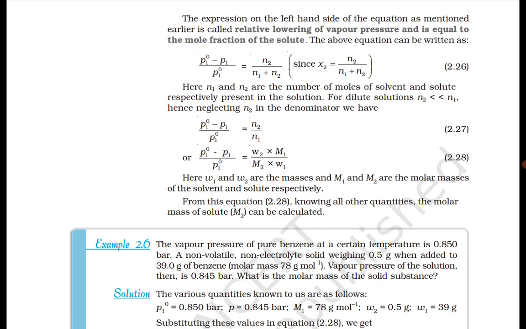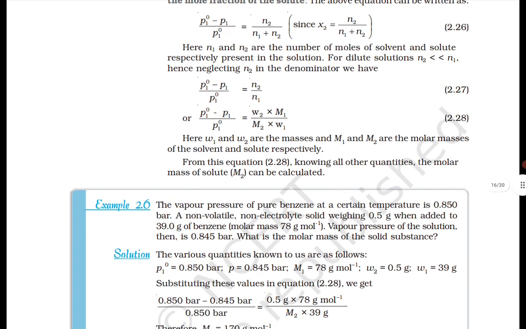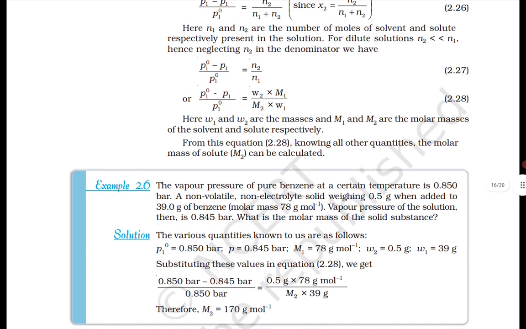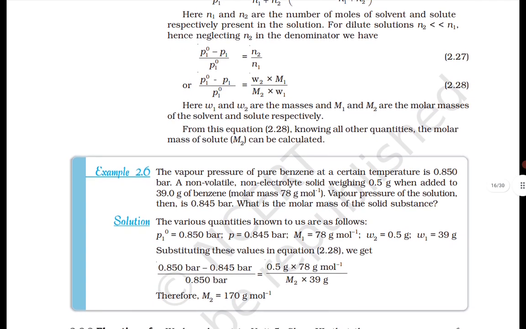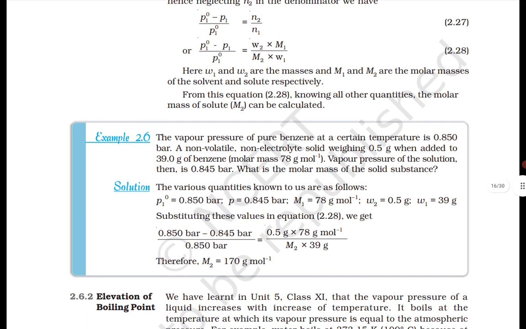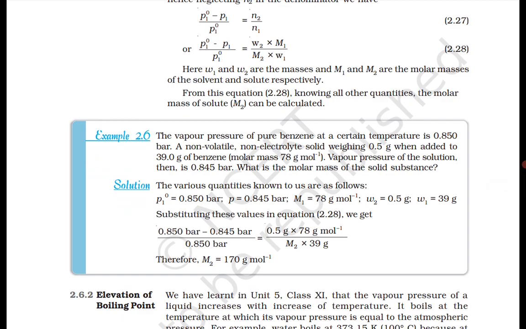Equation 2.26. Here n1 and n2 are the number of moles of the solvent and solute respectively present in the solution. For a dilute solution, n2 is much less than n1. Hence, neglecting n2 in the denominator, we have (P1° − P1)/P1° = n2/n1, or (P1° − P1)/P1° = (w2 × M1)/(M2 × w1).